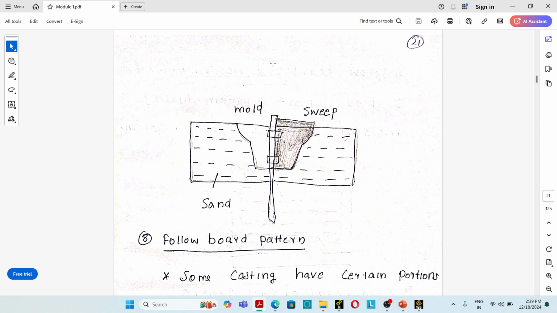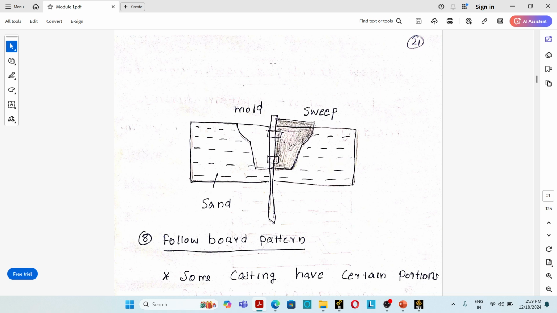In subjects like manufacturing process, machine tools and metrology, the figure is very important. 50% of the marks will be awarded to the figure for each question. Suppose you are not drawing the figure and only writing, it is nothing, because 50% of the marks are awarded for the figure only. So you have to practice drawing figures continuously.